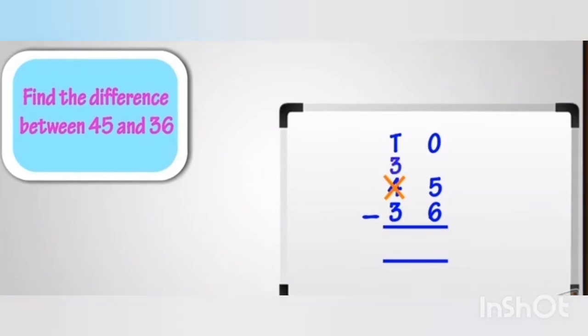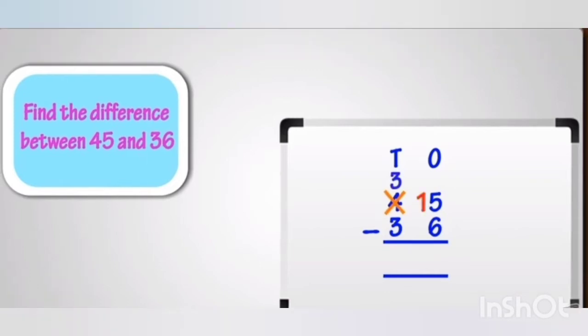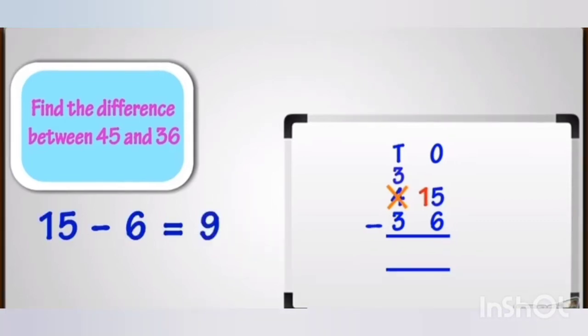So write 3 in 10's place. And when 1 is borrowed to 5, it will become 15, as we are taking 1 borrowed from 10's place. Now the minuend is bigger than the subtrahend.